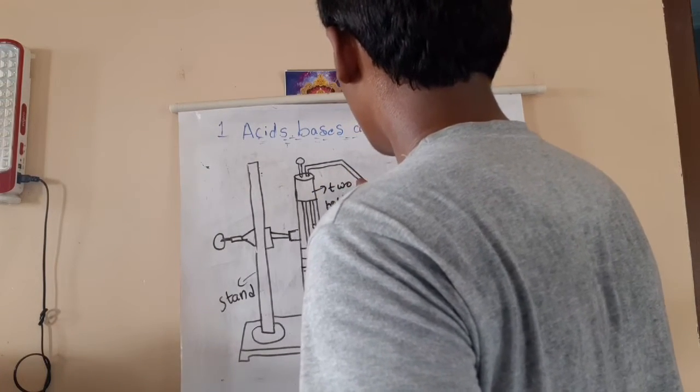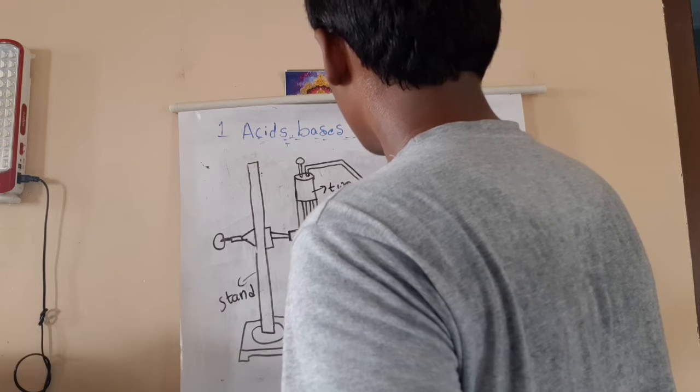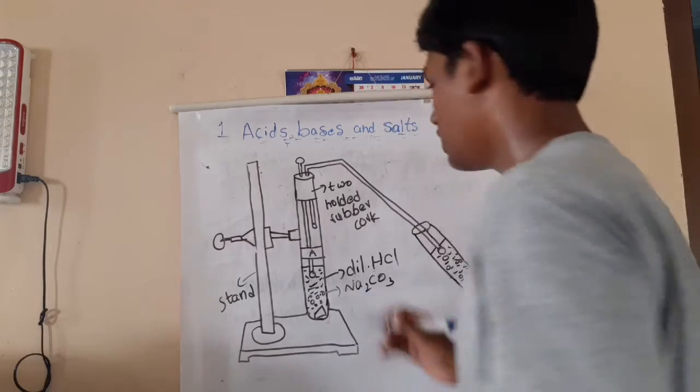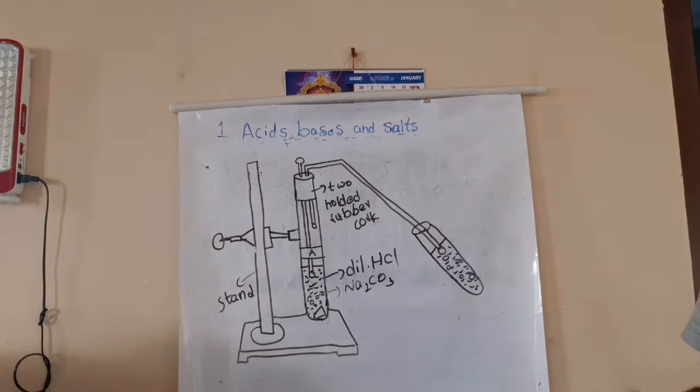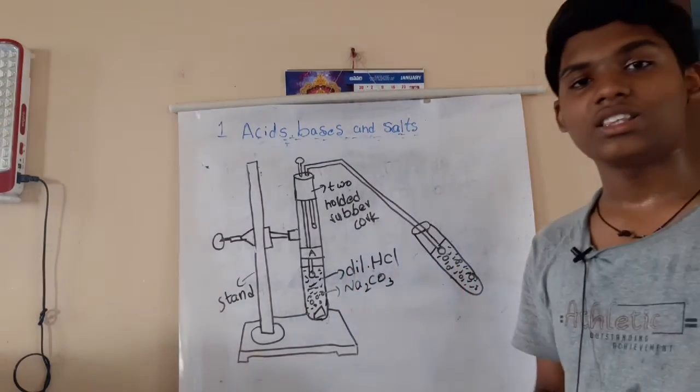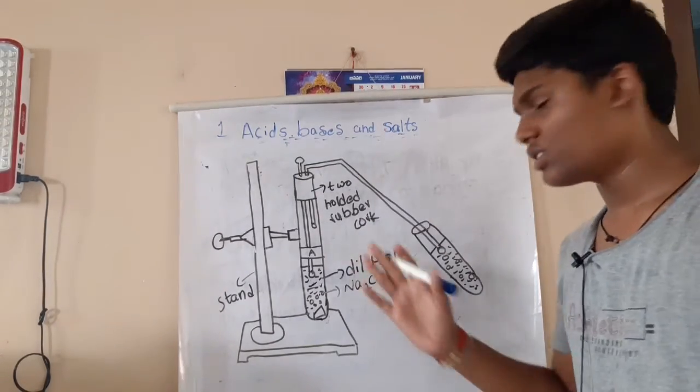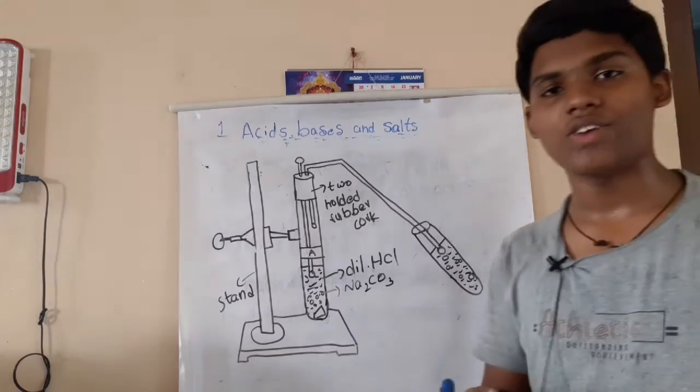This is the two hollowed rubber cork. Now take a Thistle funnel. What is a Thistle funnel? This is a Thistle funnel, used to pour some amount of acid.